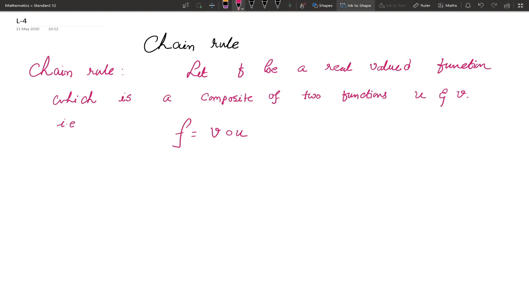We read v of u, but it is composition of u and v.